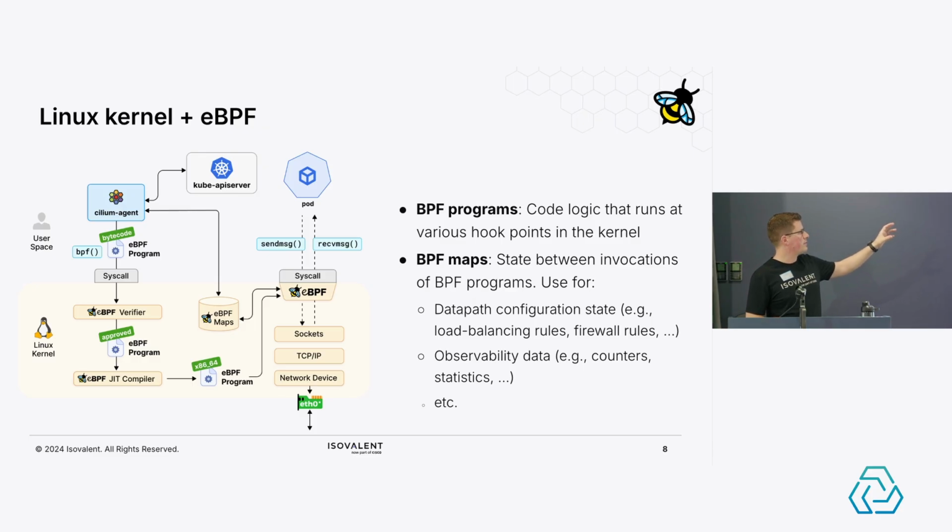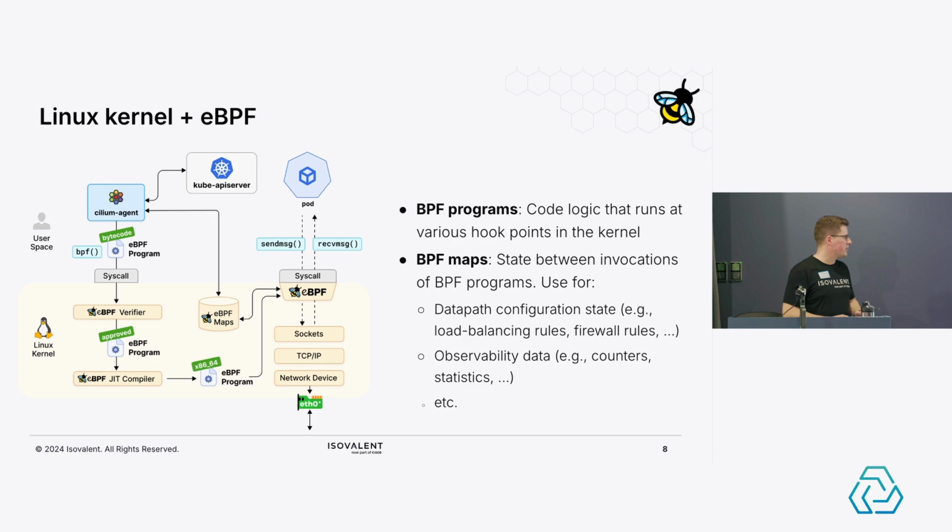And here we have the Cilium agent that actually compiles or creates the BPF programs and loads them into the kernel. Before they are actually executed in the kernel, we need to ensure that they are safe to run within the kernel, because we do not want to mess around with our kernel stability and reliability.